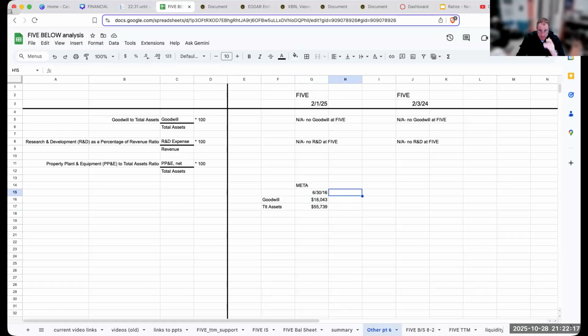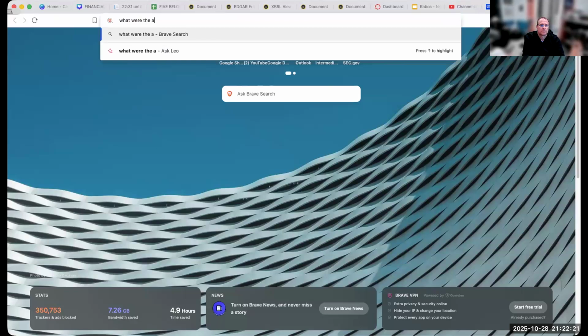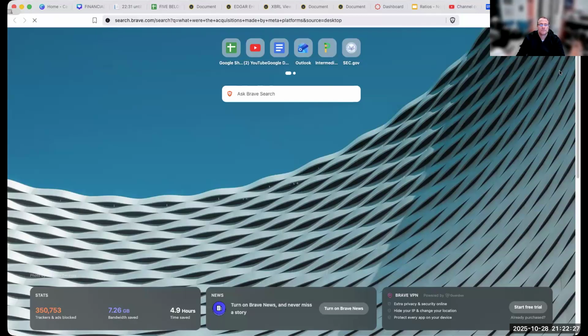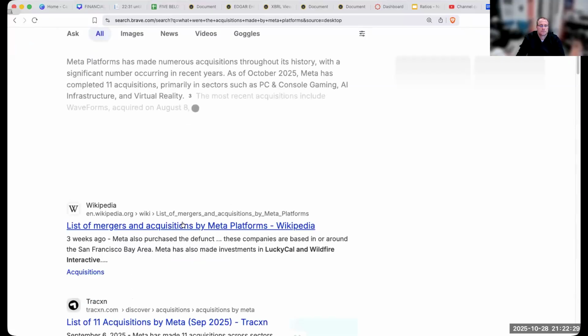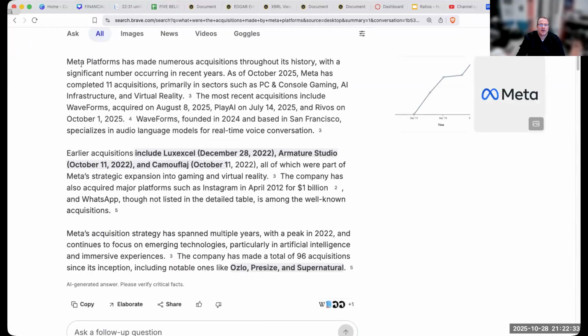And if we look over here, Meta has basically made 11 acquisitions.